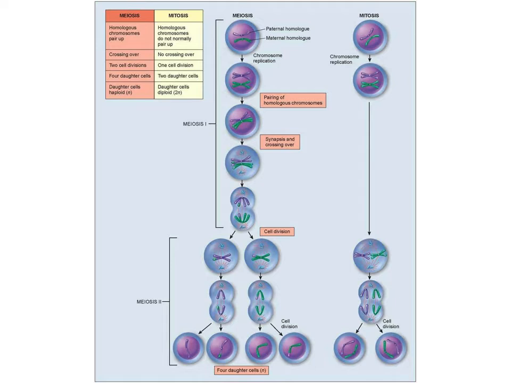Now, on all these slides, we only see 1 or 2 chromosome pairs. We never show all 23 chromosome pairs in a human. But what you will notice is that at the end of meiosis 1, where we have the segregation of the chromosome homologs, the paternally derived chromosome 1 homolog will end up in one cell, and the maternally derived chromosome 1 will end up in another cell.